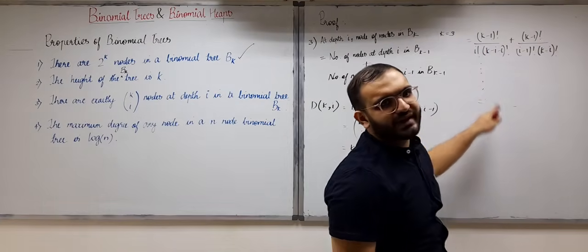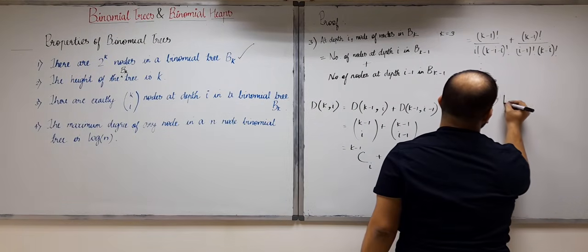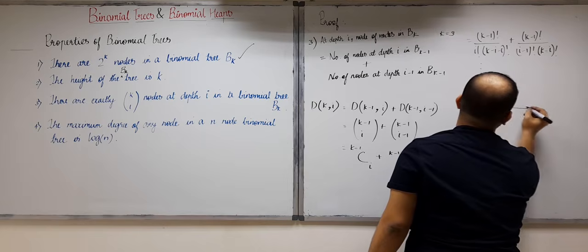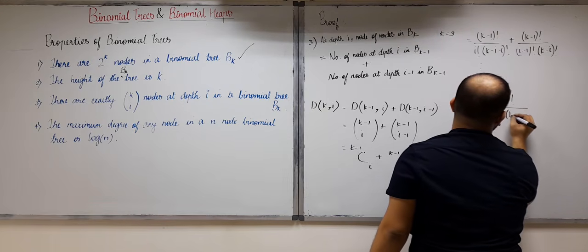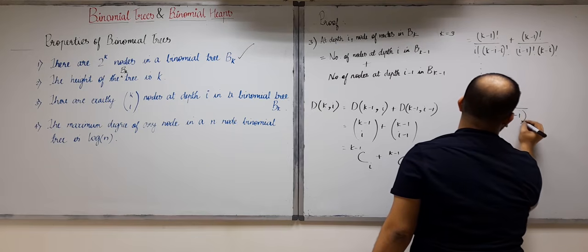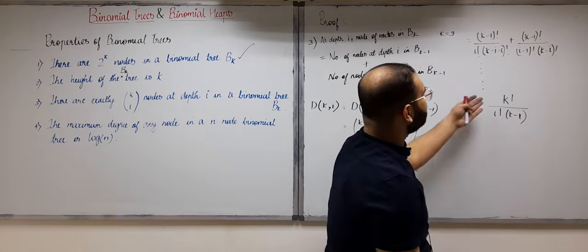I'm not doing this calculation. Finally, if you do this simplification, the final answer will come out as k factorial over i factorial into (k-i) factorial. So the final result will come out as this.